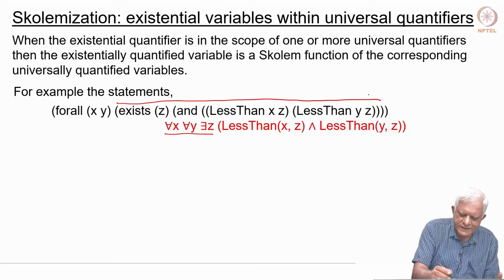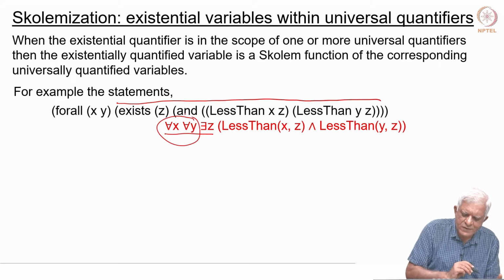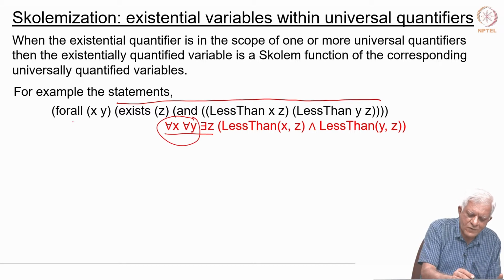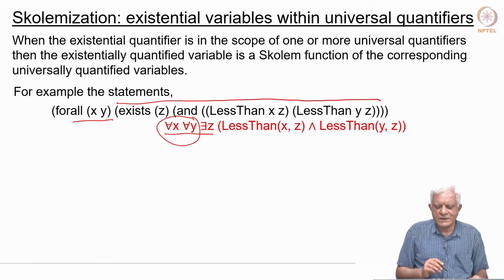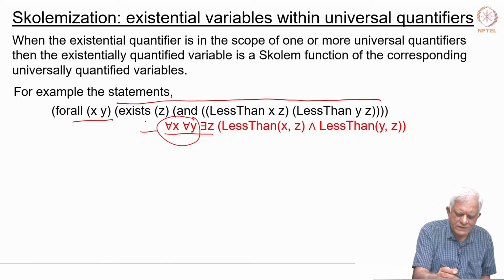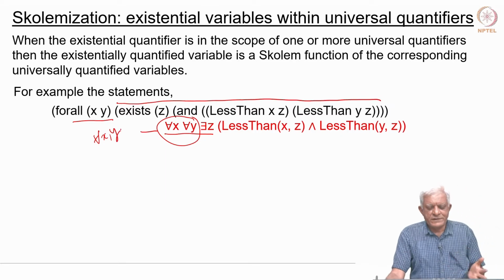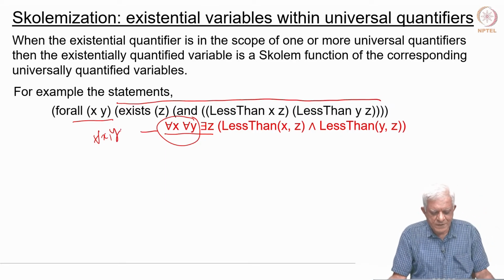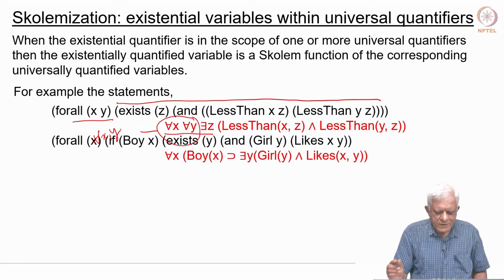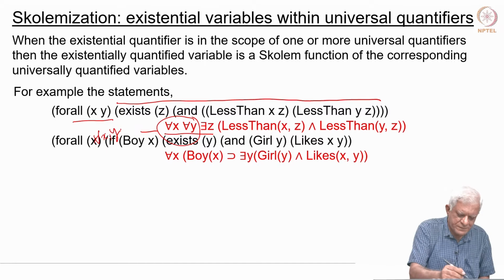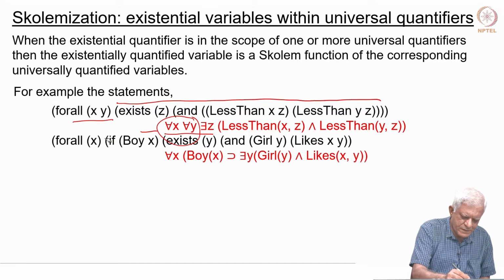Instead of saying for all x, for all y, we have said for all x y, both are allowed. We could have also written for all x, y. Okay, so there is another example here.